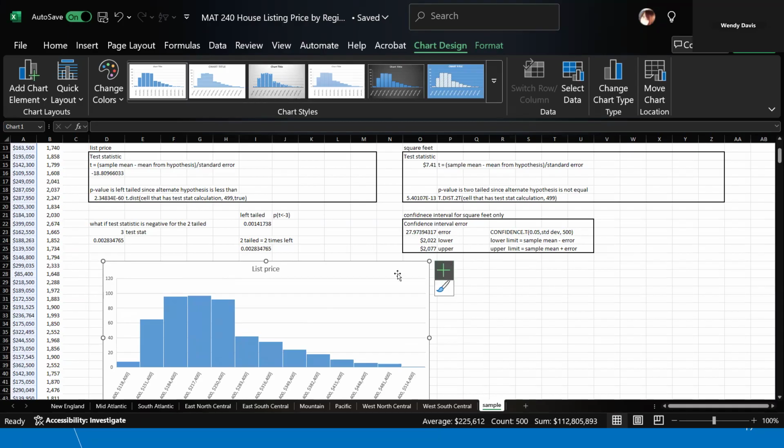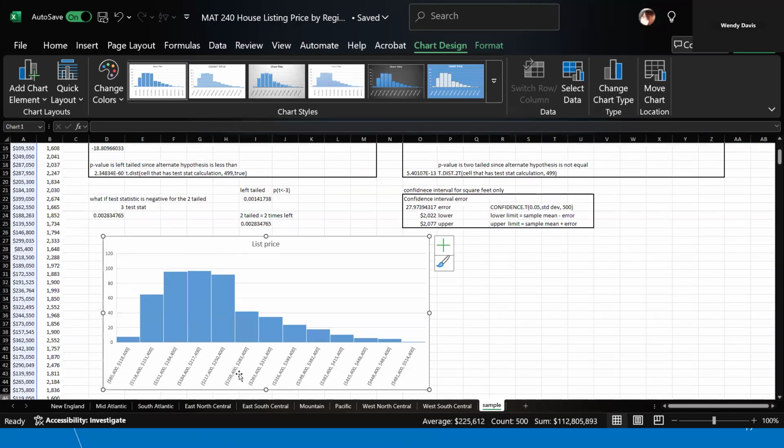Now, what do the numbers mean? The height of this bar, see how it says value 8? That means there's 8 homes that fall in this range of price. If I hover, 65, there's 65 houses that fall in this price range, and same for all of the heights of these bars.